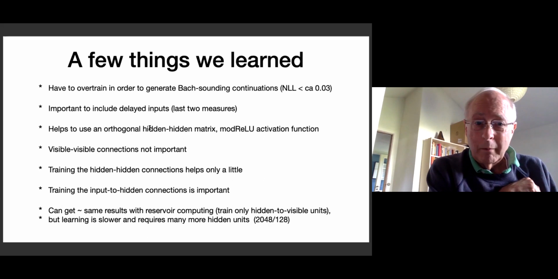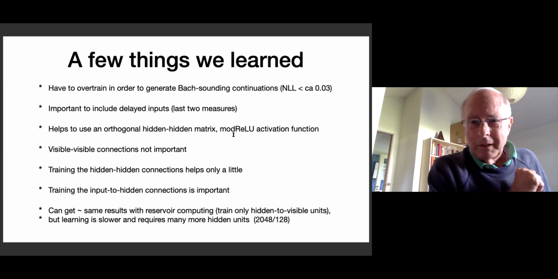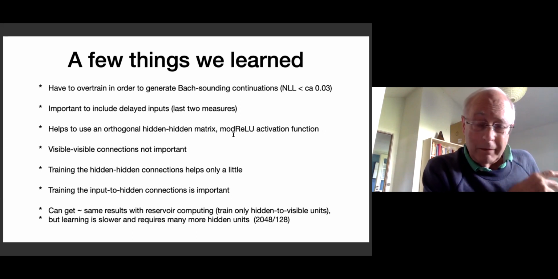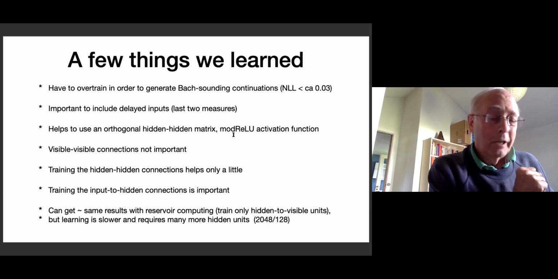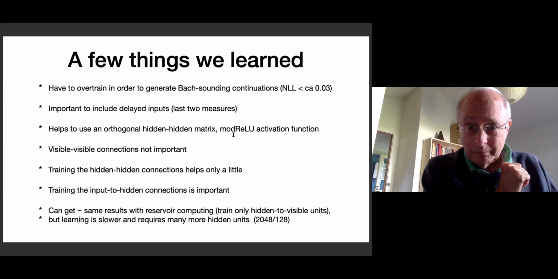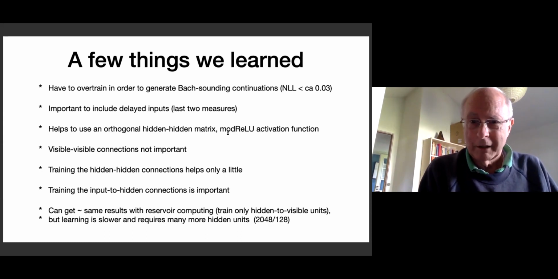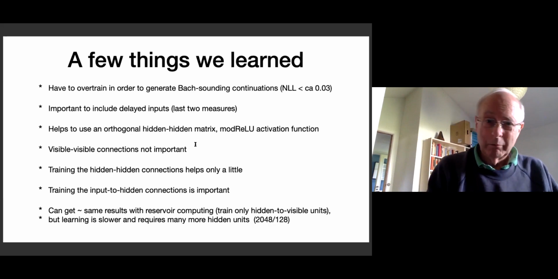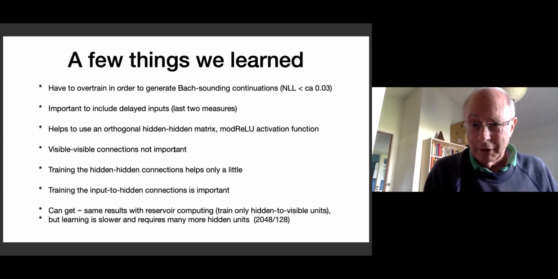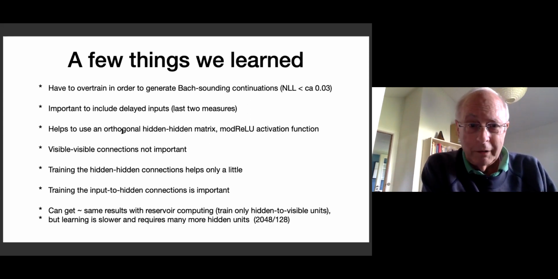Another thing that helped a lot was having the matrix coupling the hidden units be an orthogonal matrix. Going with that, instead of using a hyperbolic tangent activation function, we used this thing we learned from Joshua, the modified rectified linear unit, which is a more symmetric version of our ordinary rectified linear unit.